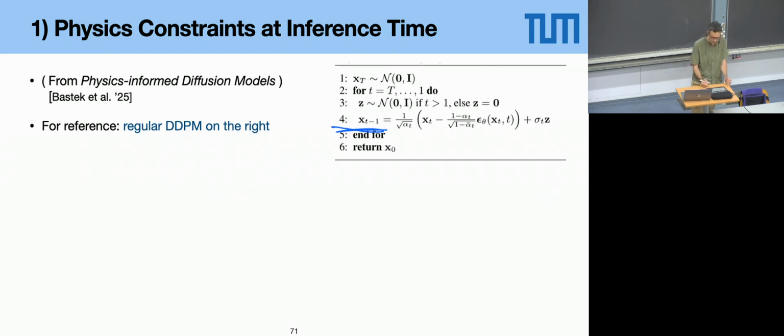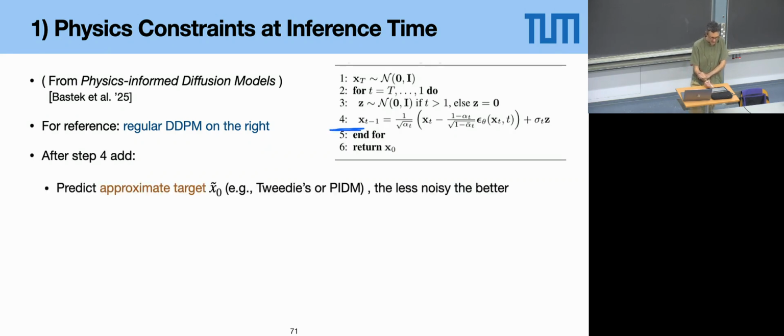The xt minus 1. If we know there are some constraints here, for example, should be divergence free or something like this, we can now check, is this actually the case or not? And potentially, we could now do a step along the direction of this constraint towards something more divergence free, or something in the direction of upholding some other conservation laws or constraints that we might have on the system. And that's in a way what these physics-informed diffusion models that were proposed earlier this year actually do.